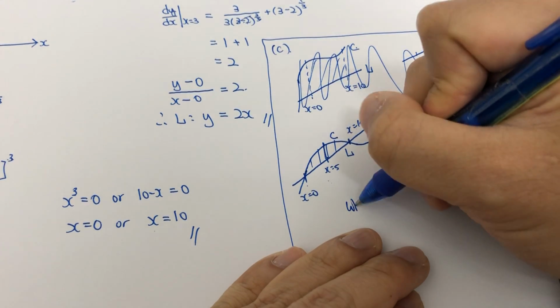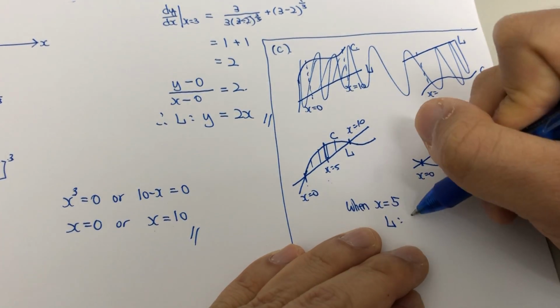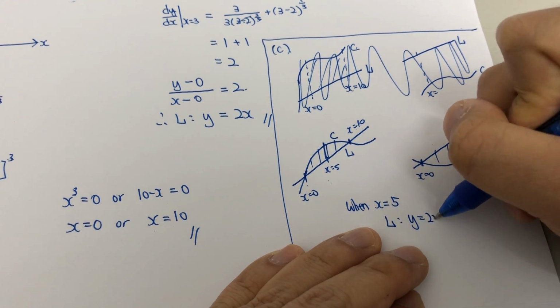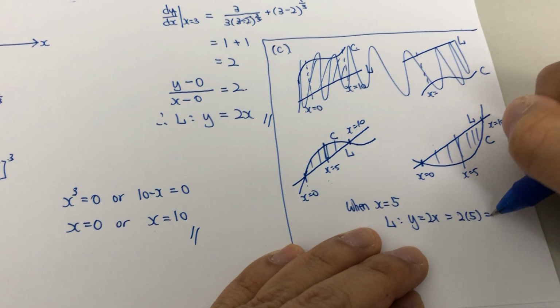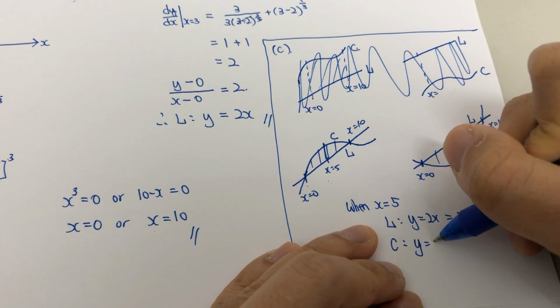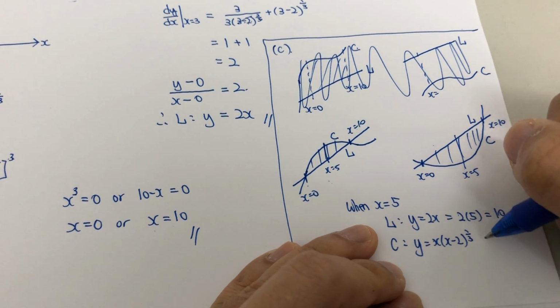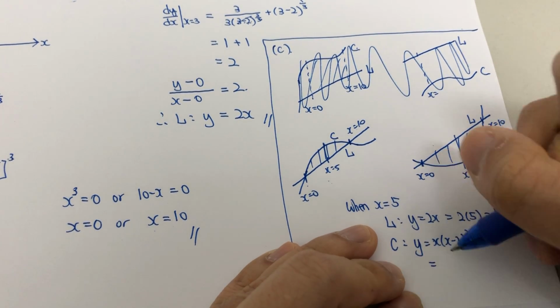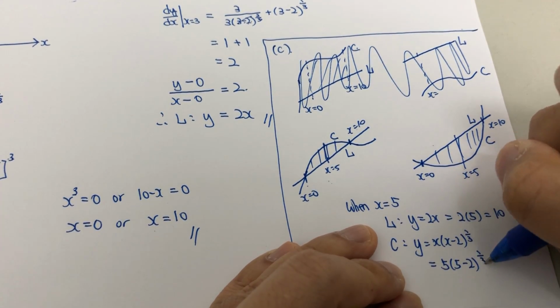So when x equals 5, for the line, we have y equal to 2x, right? So y equal to 2 times 5 becomes 10. And for the curve, y equals x times (x minus 2) to the power of 1 over 3. So when x is 5, we have 5 times (5 minus 2) to the power of 1 over 3.